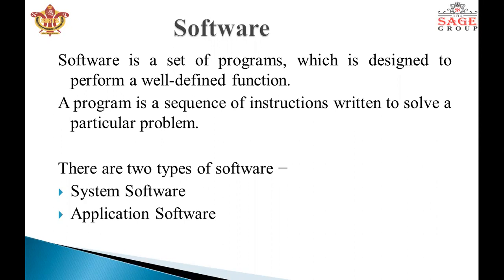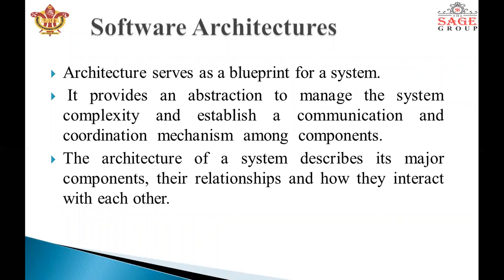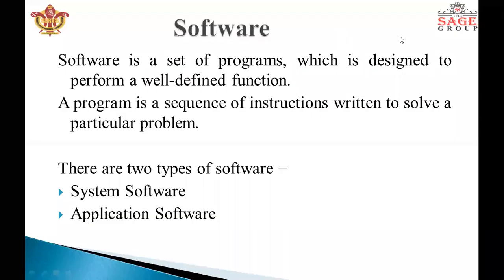What is system software? System software is a collection of programs designed to operate, control, and extend the processing capability of a computer itself.